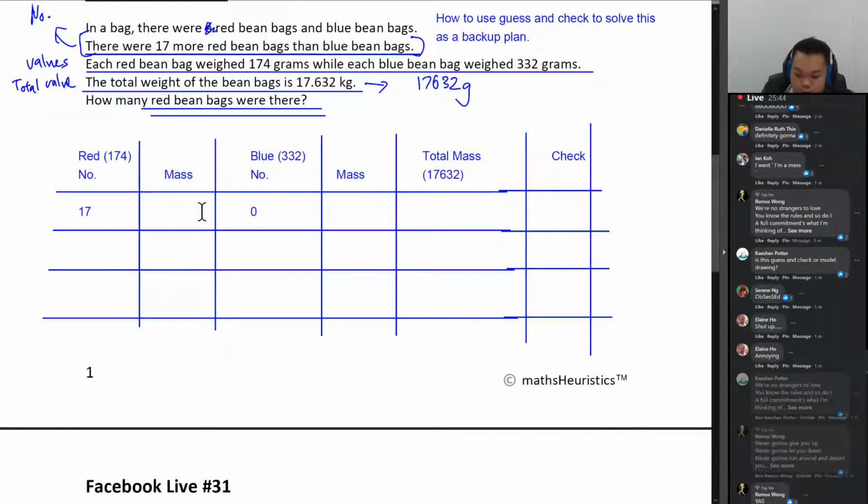So 17 times 174 will give you 2,958 grams over here. Then if you got no blue bean bags, of course you got no mass coming from it. And the total mass here will be 2958 plus 0 to give you 2958. So this one no need to check, this one confirm wrong. Because it's not possible for you to have 0 blue bean bags, you see.